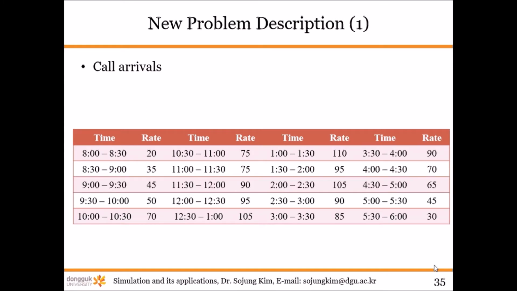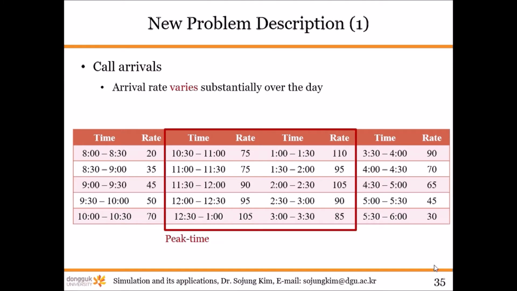So call arrival has a schedule right now. This table shows you the schedule of the incoming calls, and the arrival rate can vary over the day. If you look at the morning time, we have a low arrival rate.